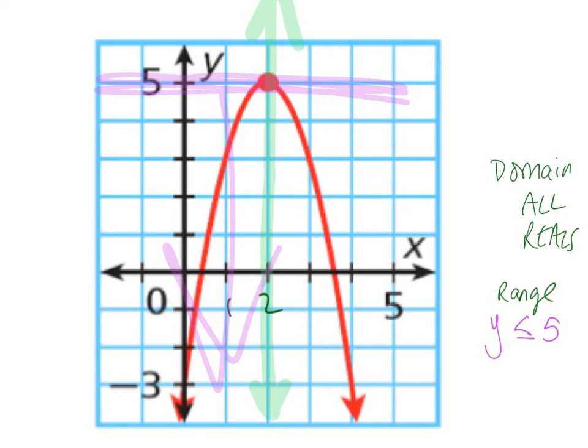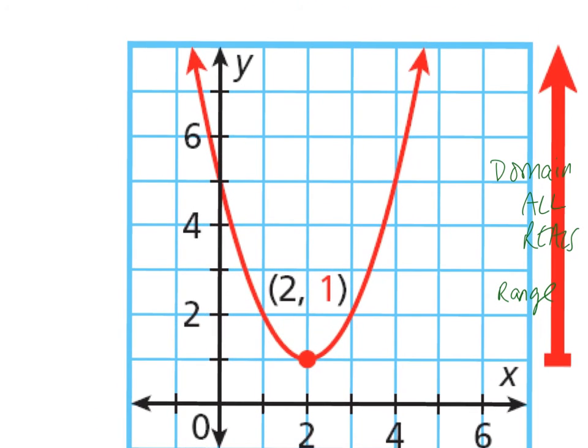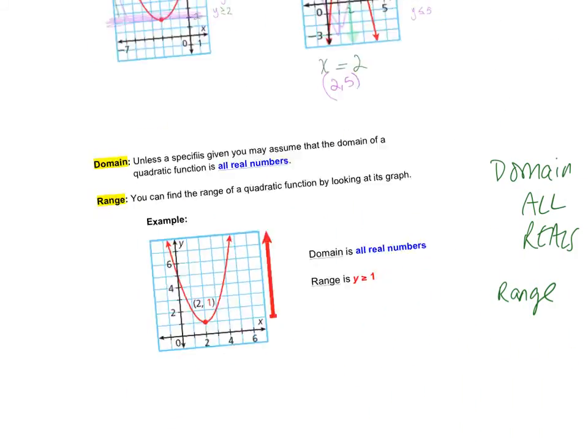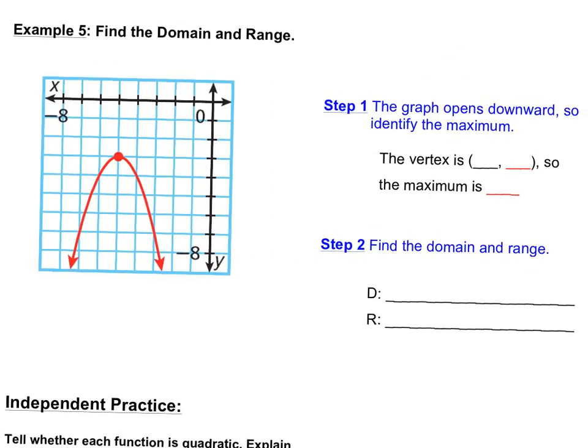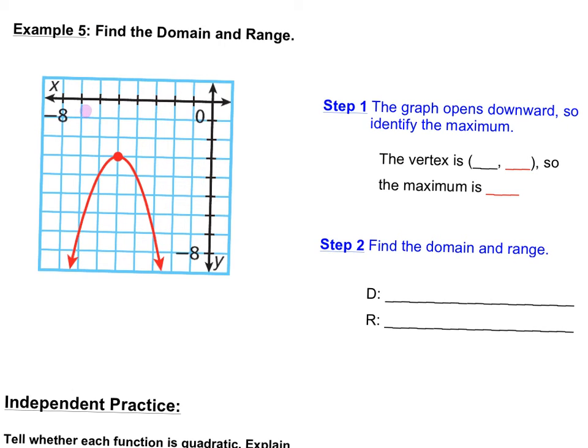X is all reals. So if I had this here, you notice that the vertex is at 2, 1, where 1 is the y value, that it's the lowest. So it's going to be y is greater than or equal to 1. This vertex is this point here, located at negative 5, comma, negative 3.